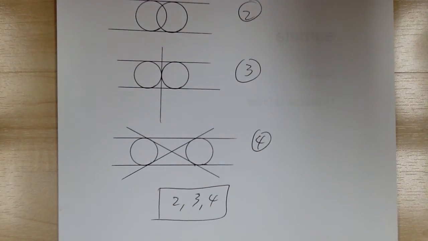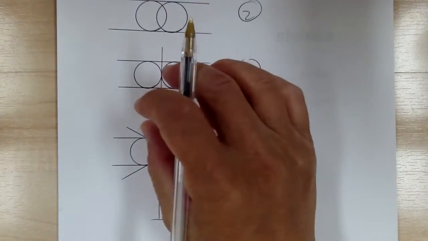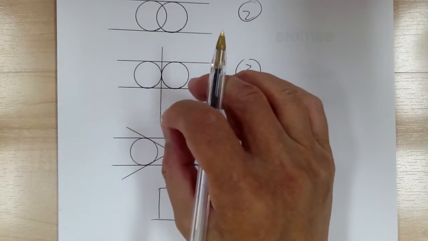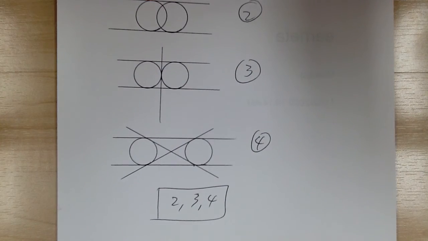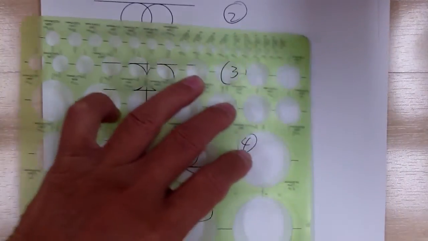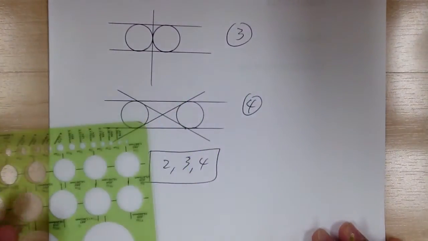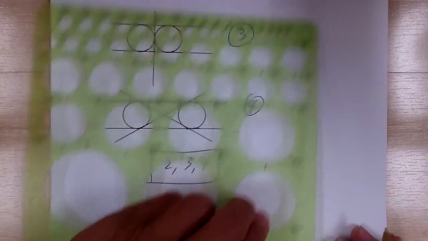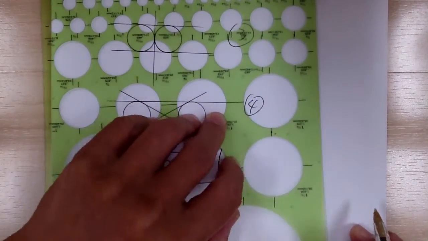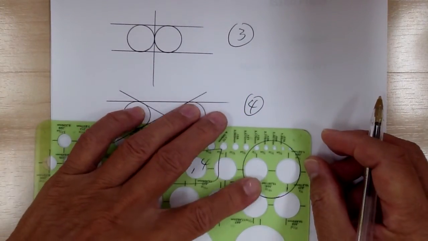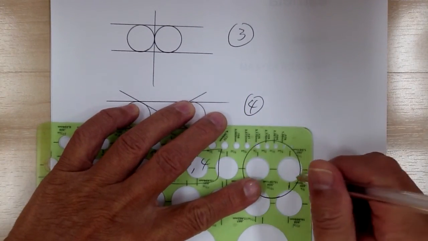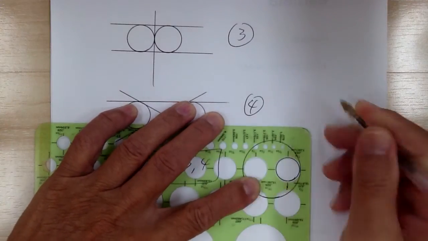Okay. Now this is the case of two congruent non-concentric circles. Now if you have two circles that are not congruent, this is just an additional note. Let's say you have two different sizes, you have one here, then one of a different size like this.